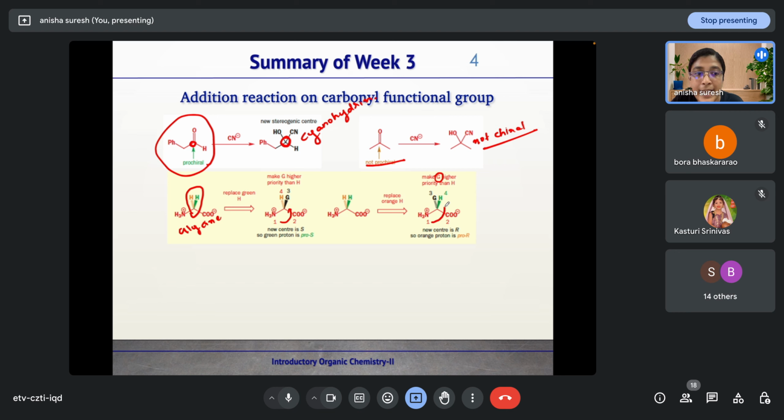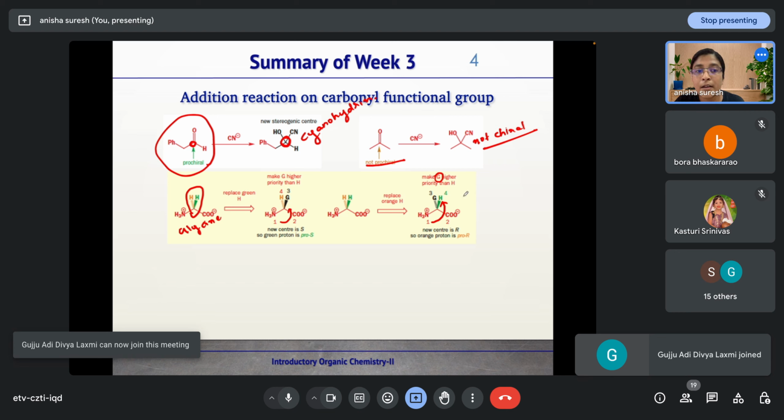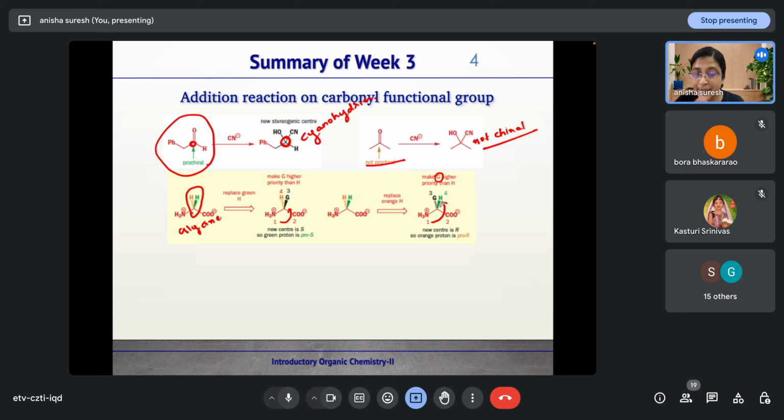Here this is anti-clockwise rotation, but hydrogen is facing towards us. So instead of S, the new center will be R. It will be opposite. When hydrogen is facing towards us, whatever stereochemistry we are getting, the opposite stereochemistry will be the correct stereochemistry. So this is the new center that is R, and this orange proton can be known as pro R.